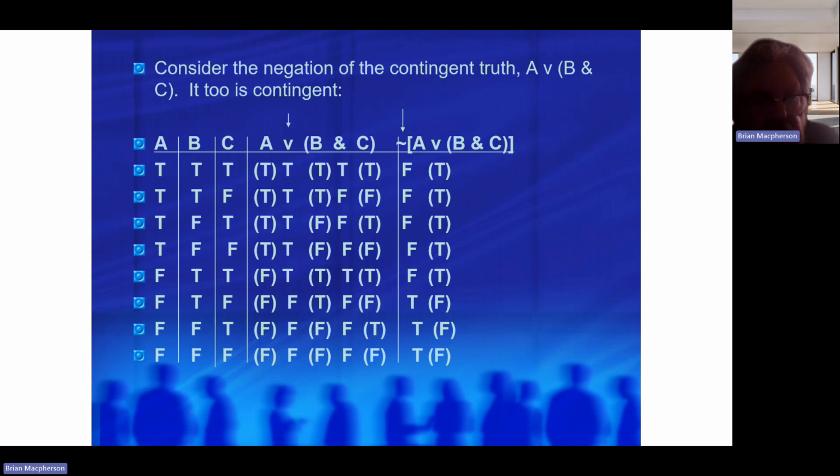With the original sentence, I had 5 truths and 3 falses. With the negated sentence, it just reverses: I have altogether 5 falses and 3 truths. But both sentences are contingent because you have a mixture of trues and falses, right? So long story short, the negation of a contingent sentence gives you another contingent sentence.